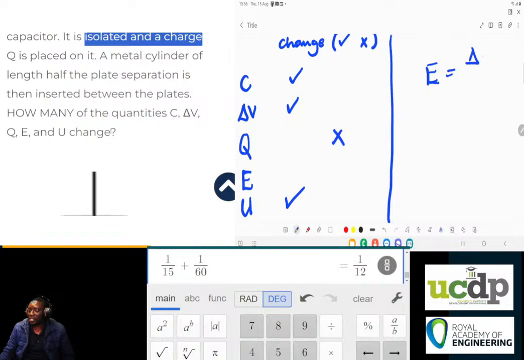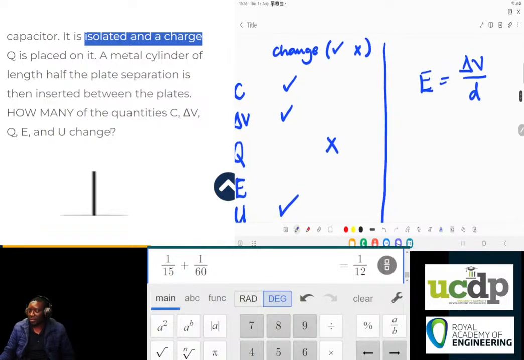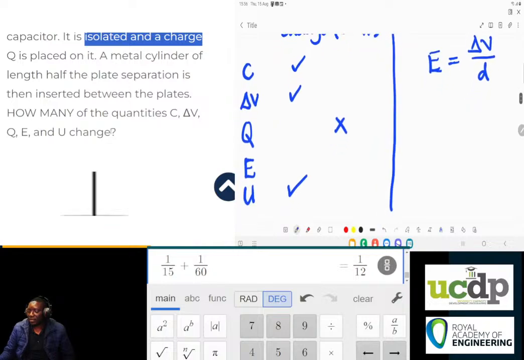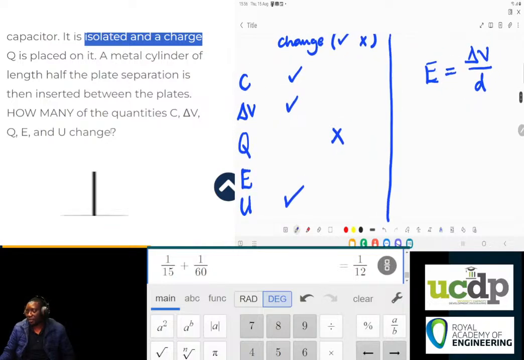We say this is delta V over D. What will happen to that one?